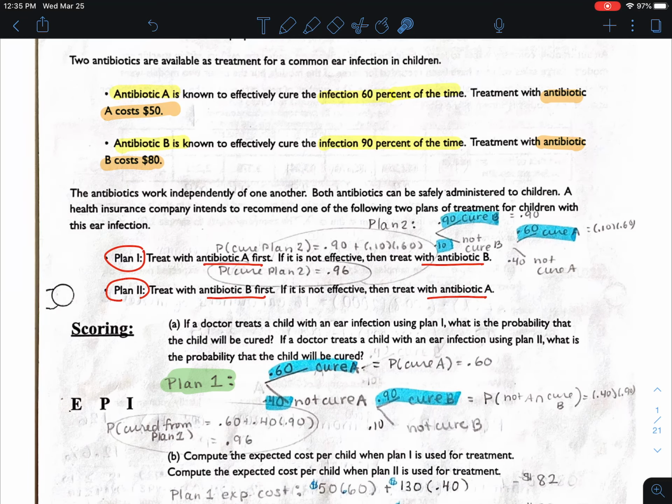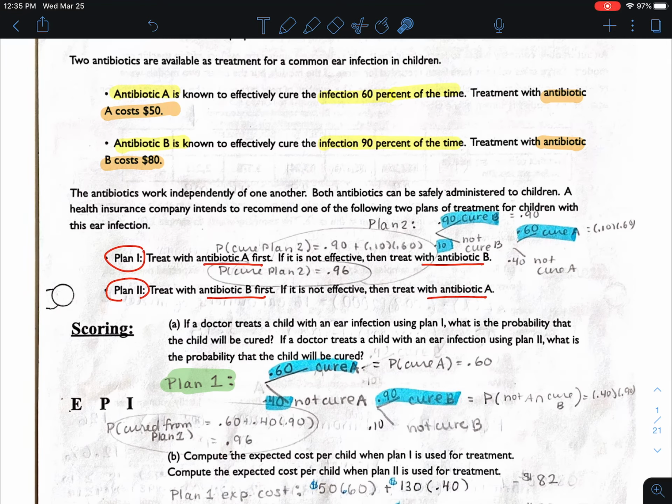So if I want to figure out the total probability that a child could be cured using plan A, there are two paths. It could either be this or it could be this. So I'm going to take these two values and add them together.